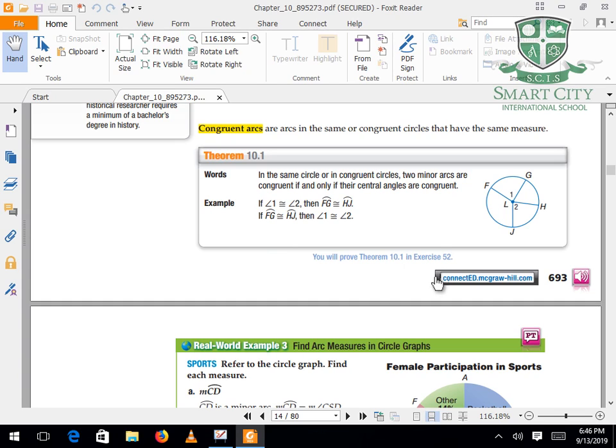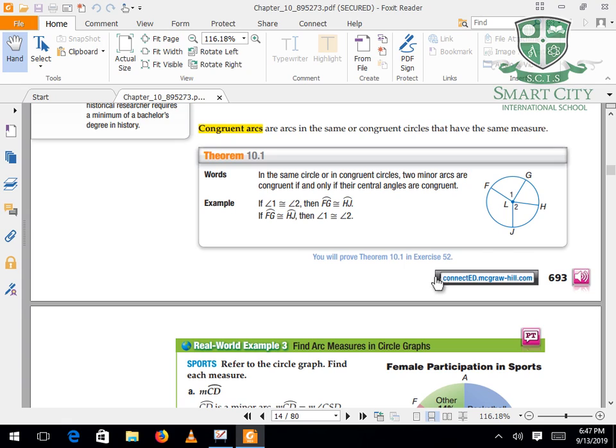So the two arcs will be congruent because they have the same measure, and also the same length. Length because it's a part of the circumference, measure because it's opposite the central angle, which is part of 360.